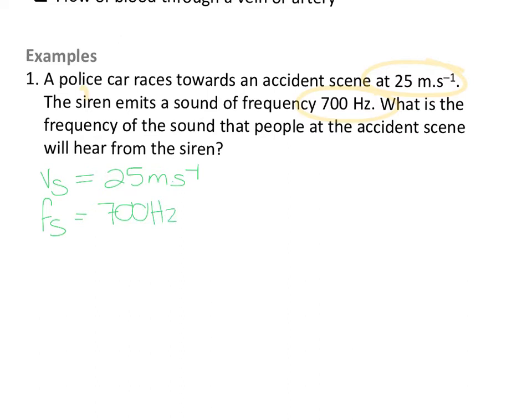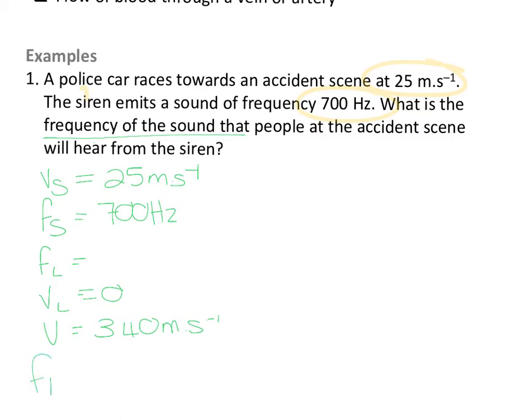Then they ask you, what is the frequency of the sound heard by the people at the accident scene? So the listeners aren't moving. We're going to assume for this question that V is 340 meters per second.